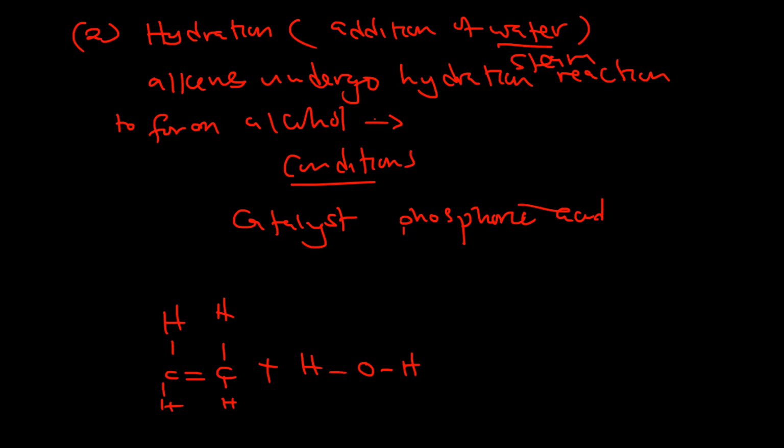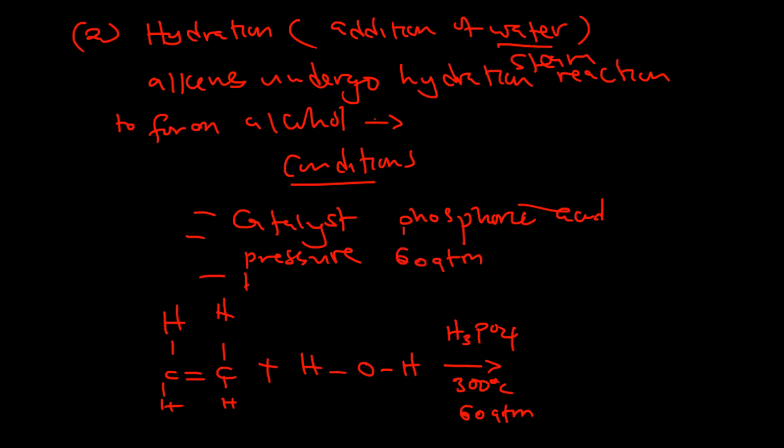What is going to happen? We are saying in the presence of a catalyst, which is phosphoric acid, a temperature of around 300 degrees Celsius as well, then of course a pressure of around 60 atm. So the conditions are a catalyst, pressure of 60 atm, and temperature of 300 degrees Celsius.